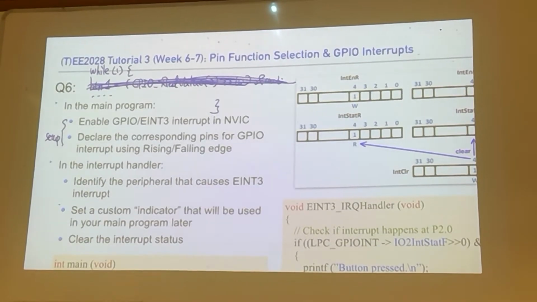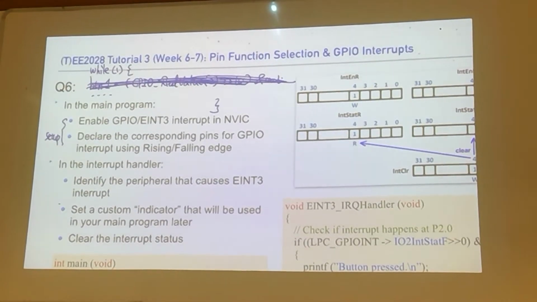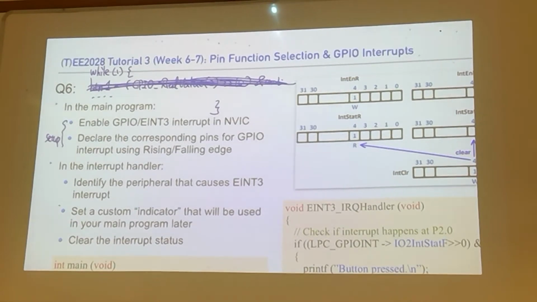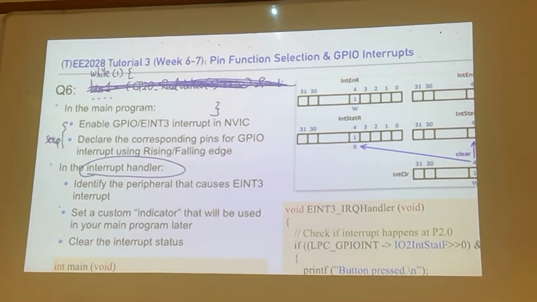But how do we know that the interrupt happened? Once your ARM senses the push button, it will automatically jump to the interrupt handler. This is like a function, but it's not called by us.